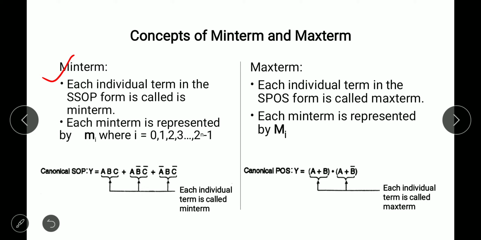So canonical SOP is, for example, y is equal to ABC plus A B bar C bar plus A bar B C bar. Each individual term is called a min term.